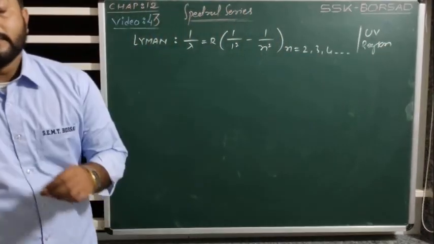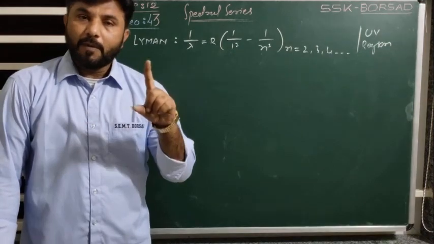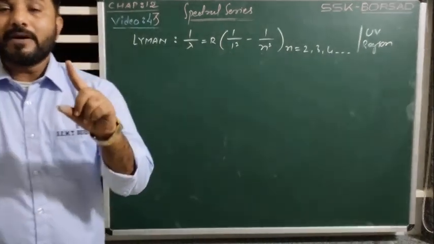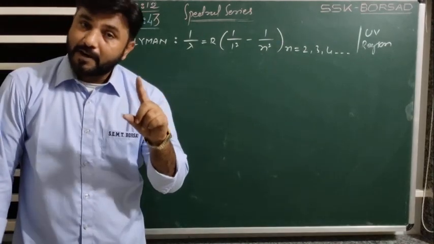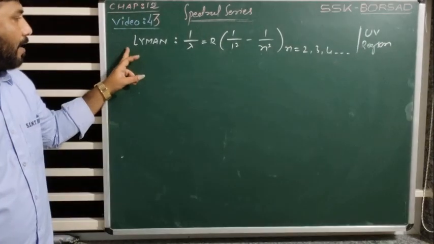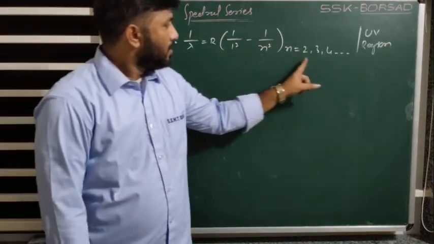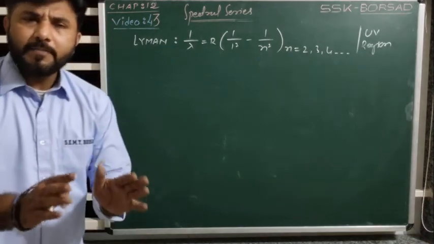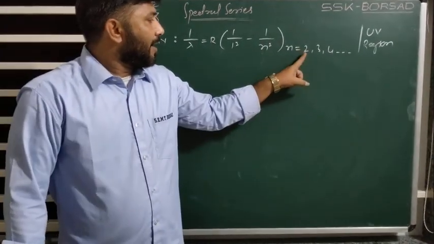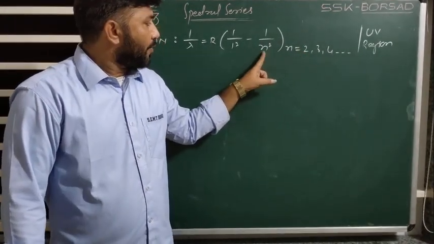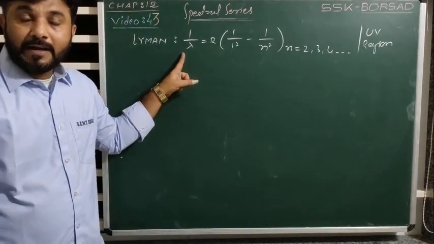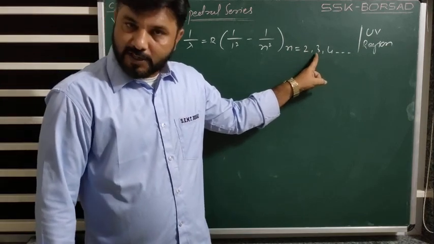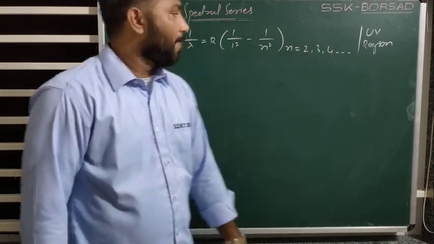So you have to remember these things: Balmer series falls in the visible region, Lyman series falls in the ultraviolet region. If you take n equal to 2, put it here and find lambda, it is for the H alpha line. Similarly, H beta and H gamma.